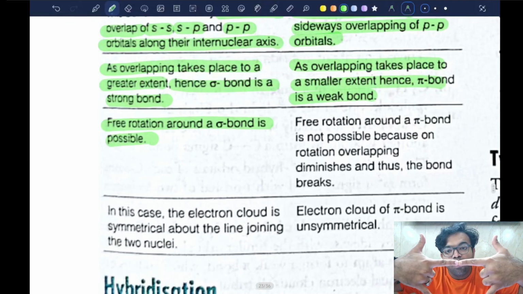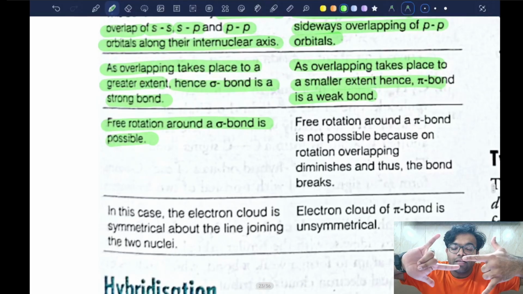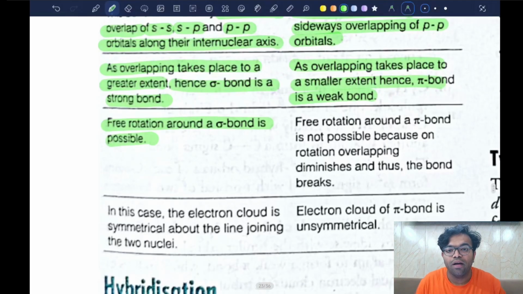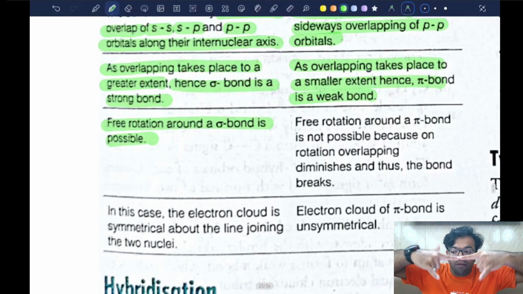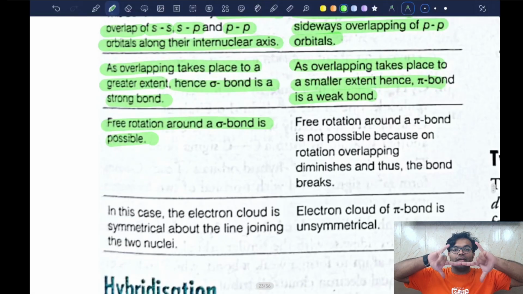But when there was only a sigma bond, you could independently rotate these two molecules like this. In the case of a pi bond, both the molecules have to rotate together. The free rotation that the atoms enjoyed inside a molecule has now been reduced to zero because of a pi bond. Clear? Can you imagine this? You can imagine this, right?